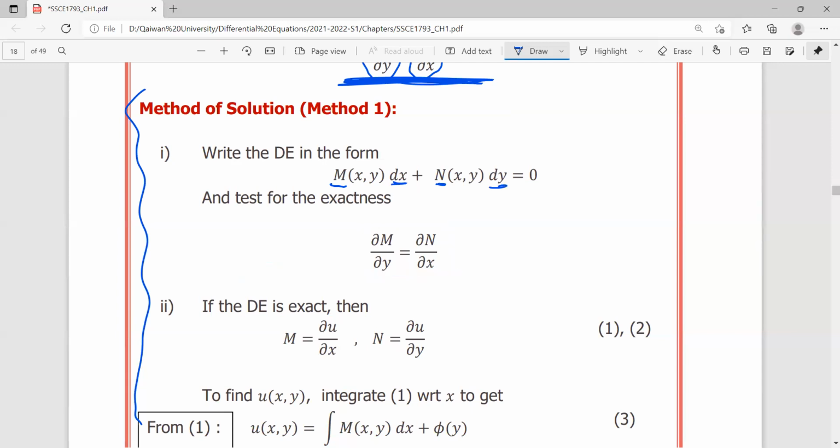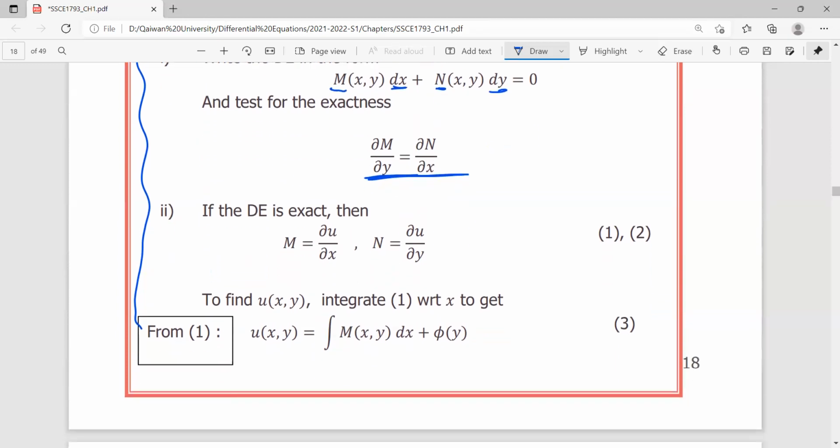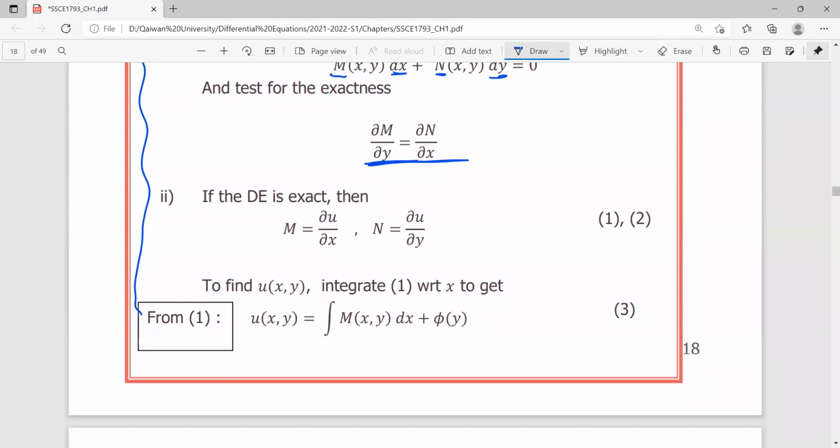In the first step, we test for exactness. In the second step, we say u of x,y equals the integration of M with respect to x plus phi of y. Phi of y is an arbitrary function.